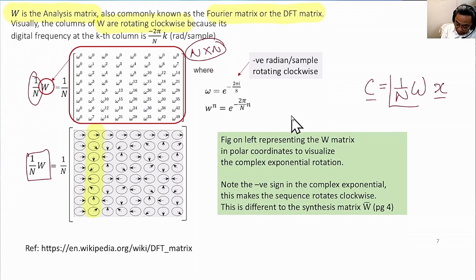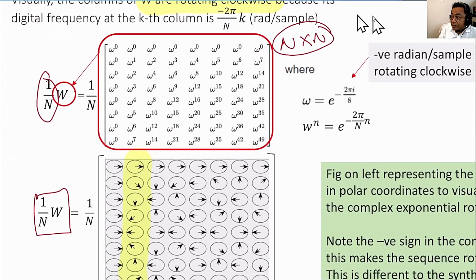Then this 1 over n is 1 over n times W here, and this W is actually represented within these elements of small w by the power of some integer, and you realize that this integer also reveals how fast it is rotating. Here W0, the whole column is W0, therefore you realize that this does not change.